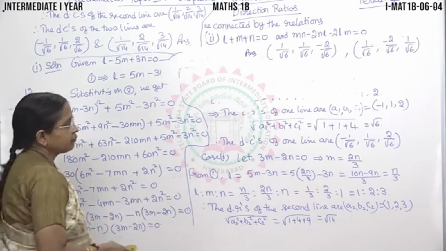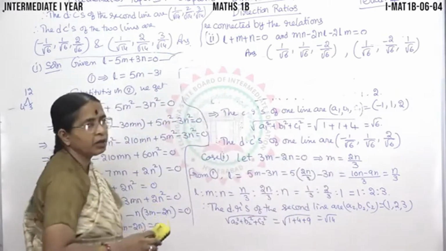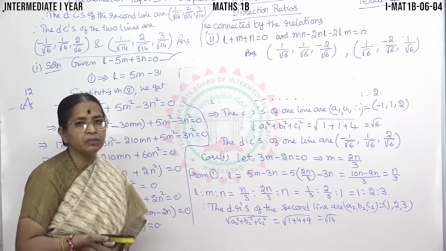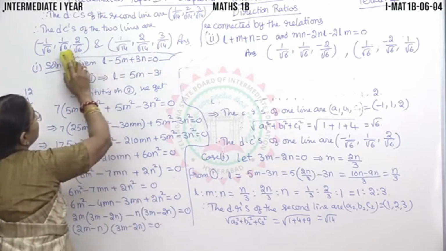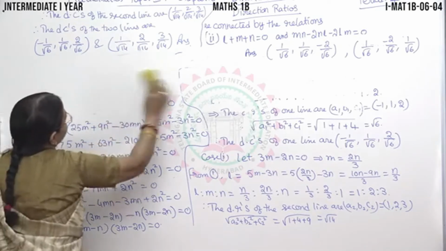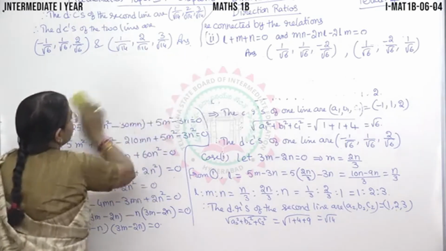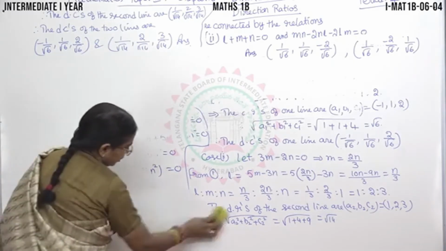So you can use that formula. If you are finding the direction cosines, then you will use the formula cos theta is equal to L1 L2 plus M1 M2 plus N1 N2. So if you are finding the angle, you must find the direction ratios. That is enough. We can just use cos theta formula.